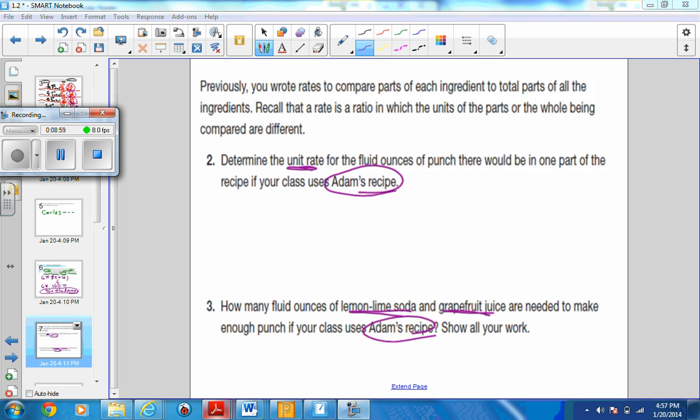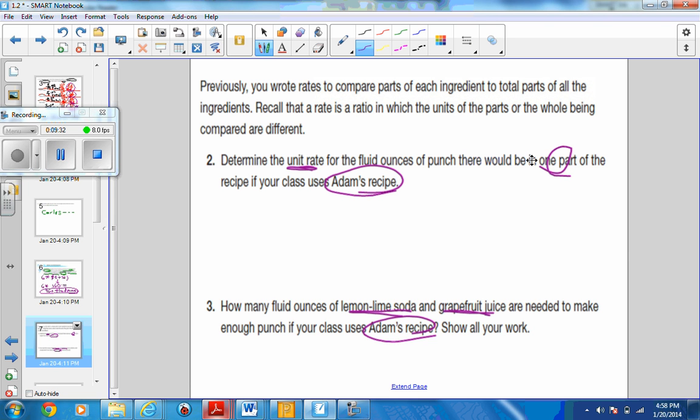It says determine the unit rate, so the rate of 1, for fluid ounces of punch there would be in 1 part of the recipe if you use Adam's recipe. So whenever you're trying to find 1 of something, that's your unit rate. So you want to determine the unit rate of fluid ounces of punch there'd be in 1 part of the recipe for Adam's recipe. Try that now.